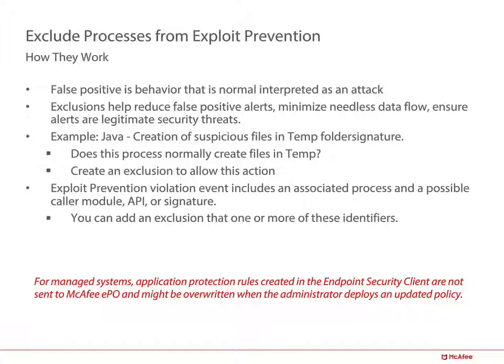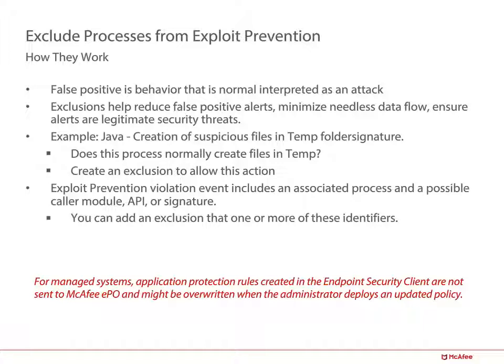It might be trying to download some malware. So in this instance, maybe I might reasonably suspect that a Trojan horse has been planted. But if the process normally creates files in temp, for example, saving a file using the Java application, then I can create an exclusion to allow this action.